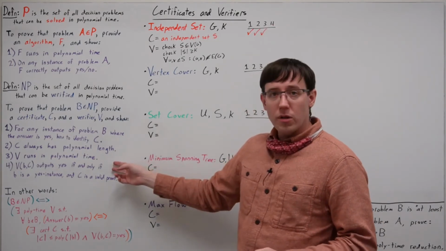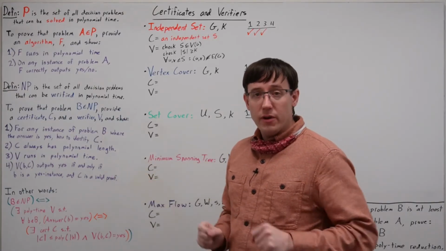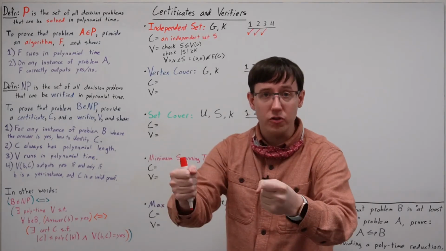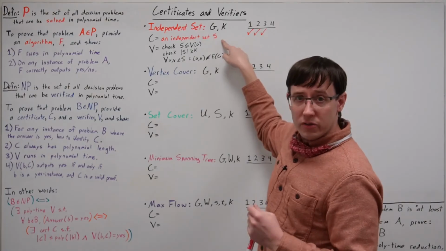And we need to show that our verifier will output yes if and only if it was given a yes instance and a valid certificate for that instance. Well, what if it was given a no instance?